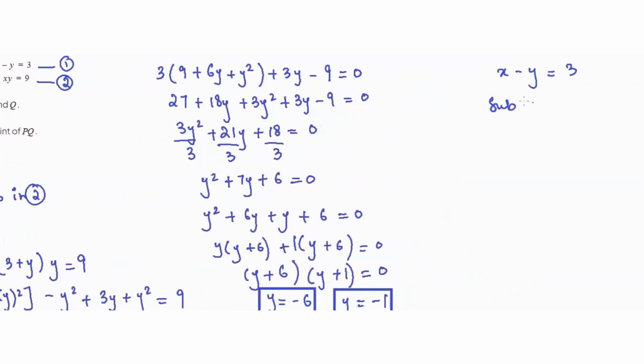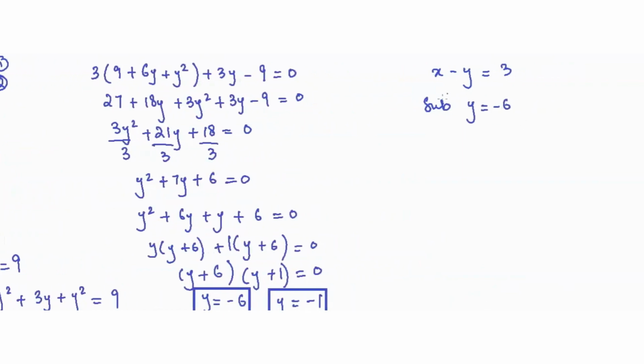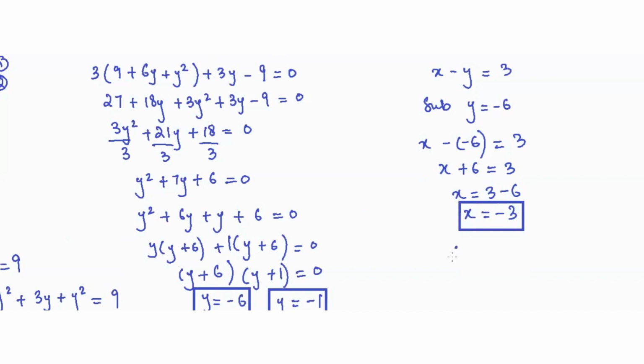First we start with substituting y equals negative 6. That's going to give us x minus negative 6 equals 3, which is x plus 6. Move the 6 to the other side, so 3 minus 6, and x is negative 3. So when y is negative 6, x is negative 3. So that's going to be negative 3, negative 6.